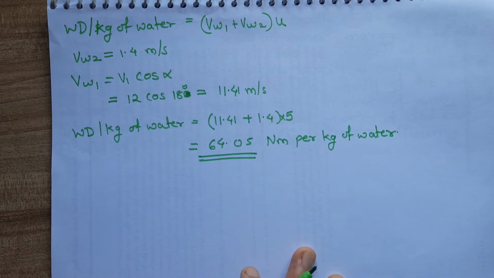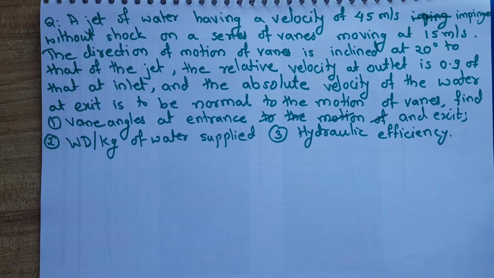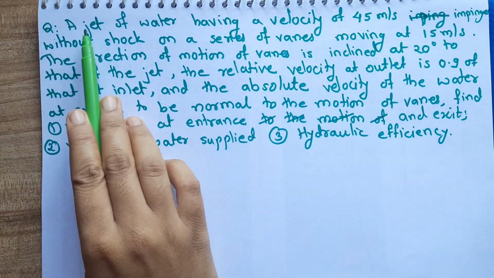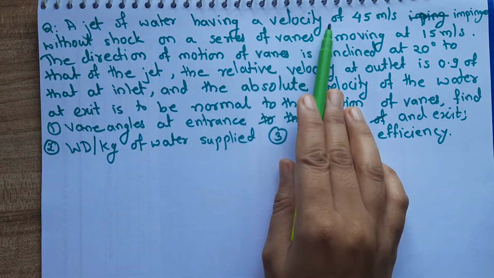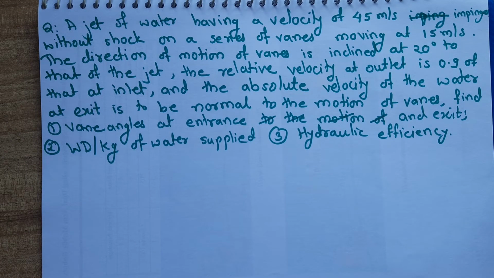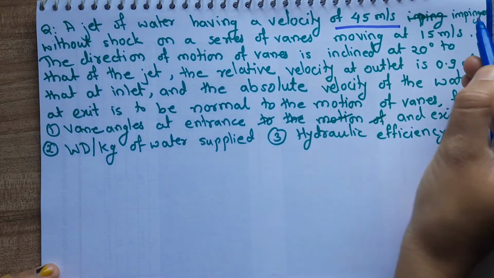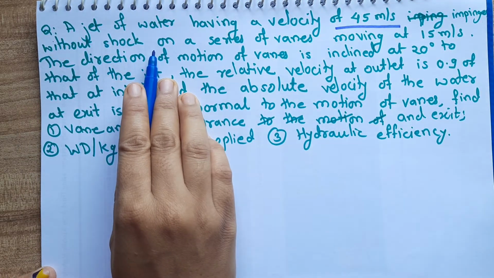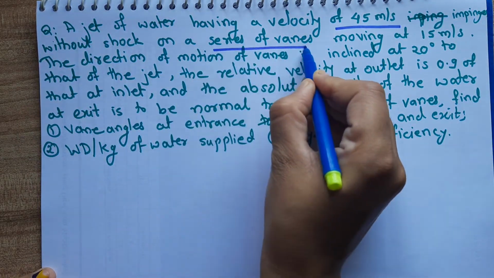So this is how we are supposed to solve this numerical. Let's see another numerical. A jet of water having velocity of 45 meter per second impinges without shock on a series of vane.